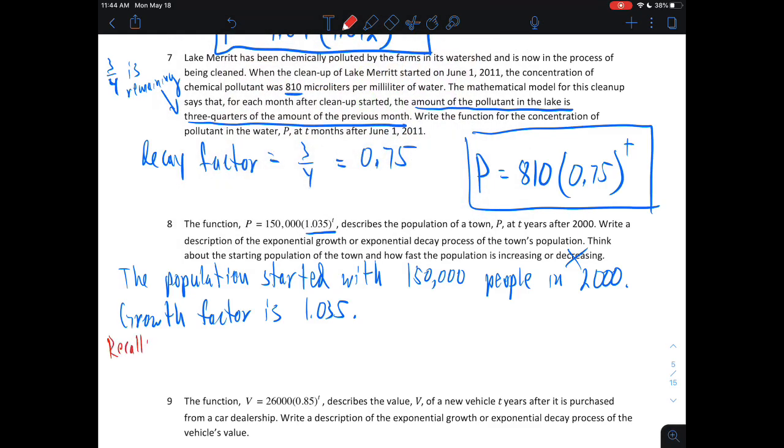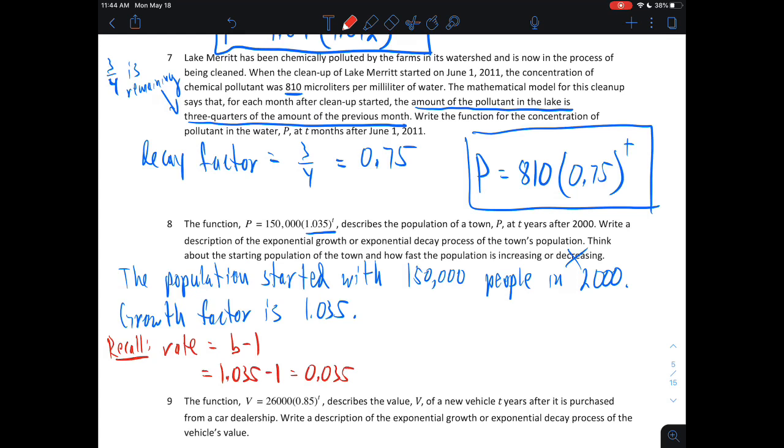Recall, rate is equal to b minus 1, where b stands for our growth or decay factor. That's something that we did back in Module 4. So notice that our rate is equal to our growth factor of 1.035 minus 1, which is 0.035.